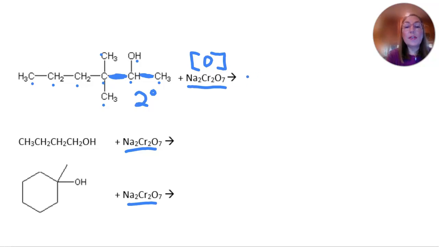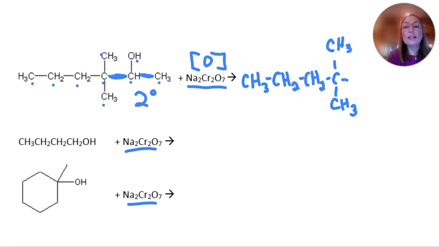So let's copy everything else. Let's copy CH3, CH2, CH2. The C was bonded to 2 CH3s. And then the next C is going to become our ketone because instead of an OH, it's going to have C double bonded O in it. It loses this hydrogen.